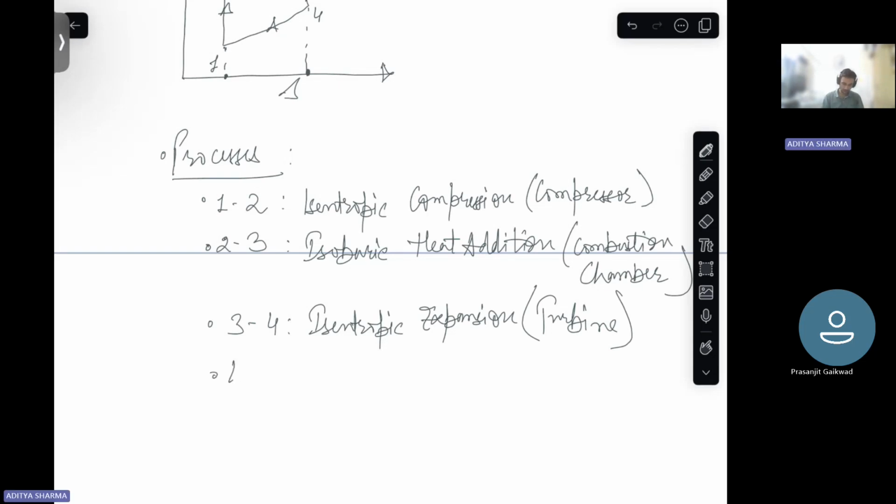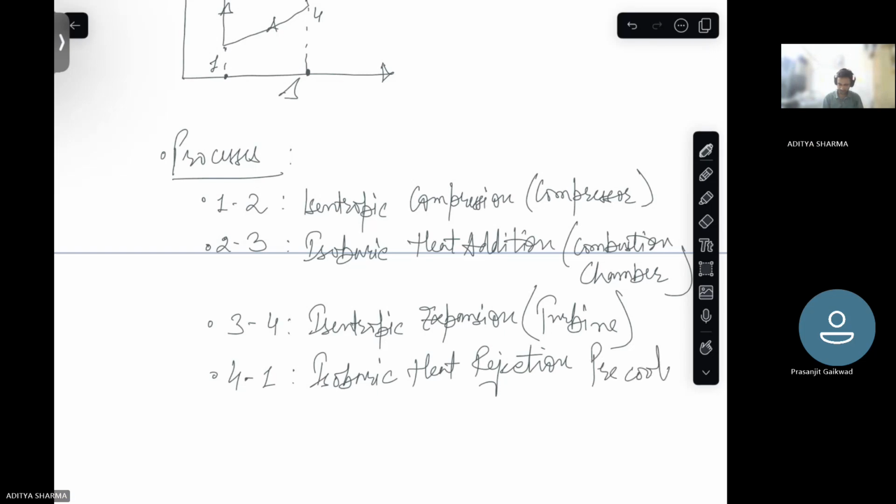Then 4 to 1 is your heat rejection, that too isobaric, which means in case it's a closed cycle, a pre-cooler is used.